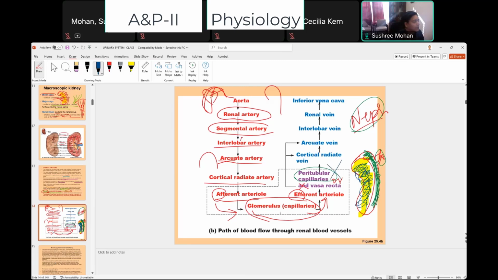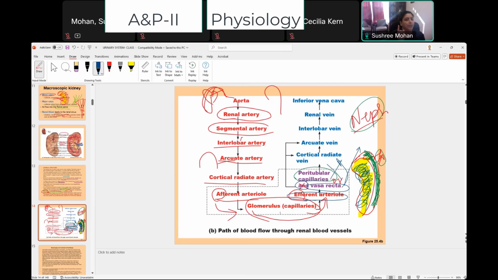It will involve vasa recta. So from the efferent arteriole, the blood will go either through the peritubular capillaries like this, or through the vasa recta. It is not and, it is or.